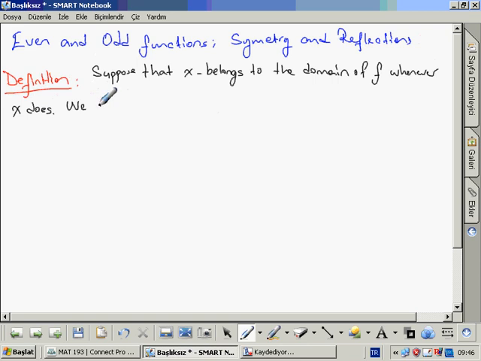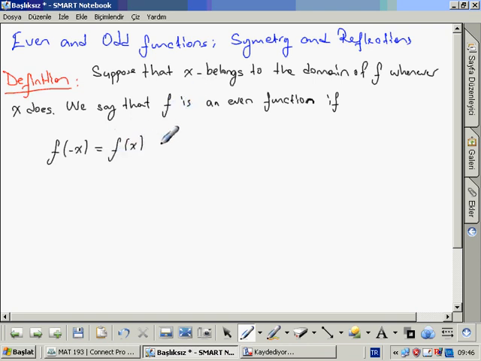We say that f function is an even function if f of minus x equals f of x for every x in the domain of f, and by mathematical representation, it can be written like that for every x element of domain of f.